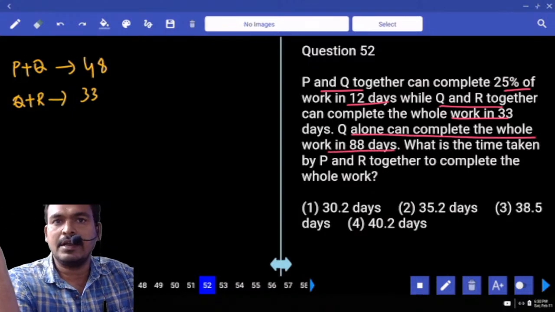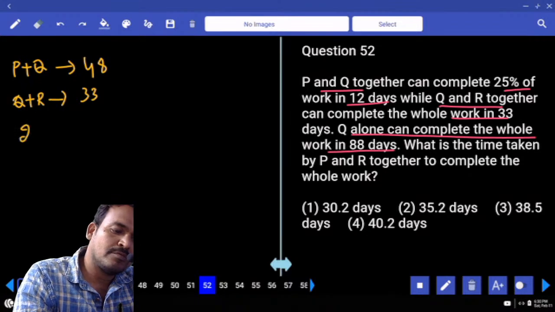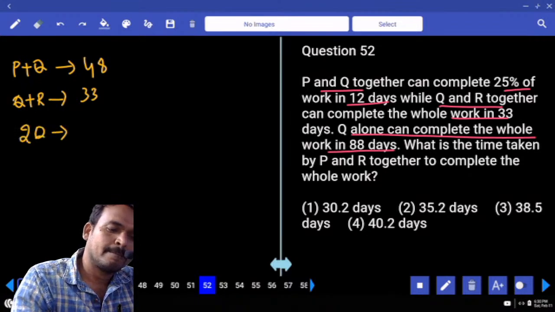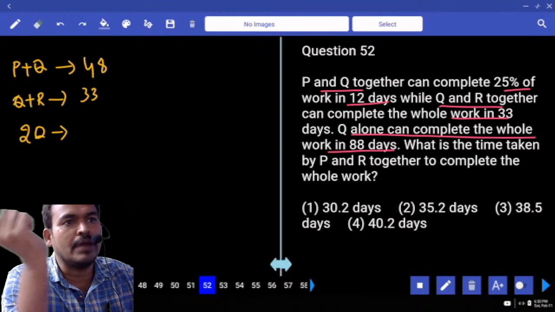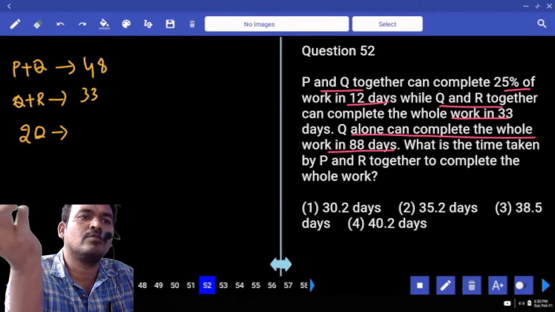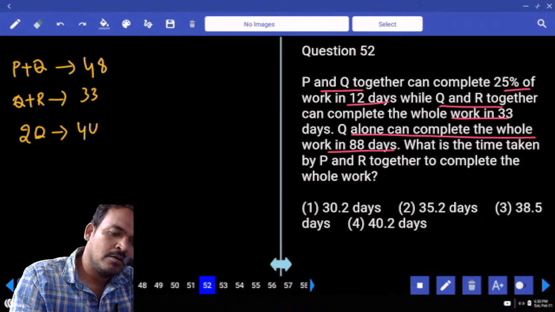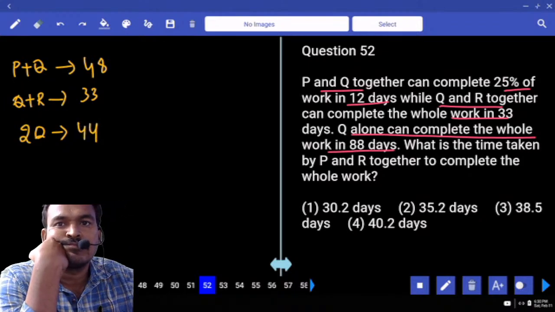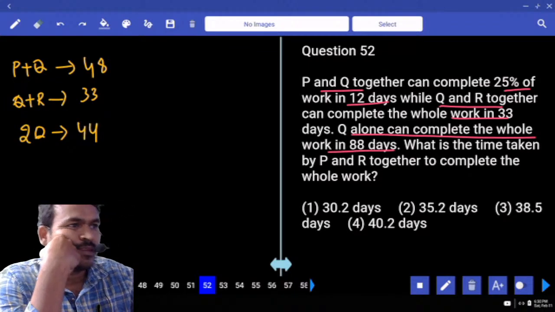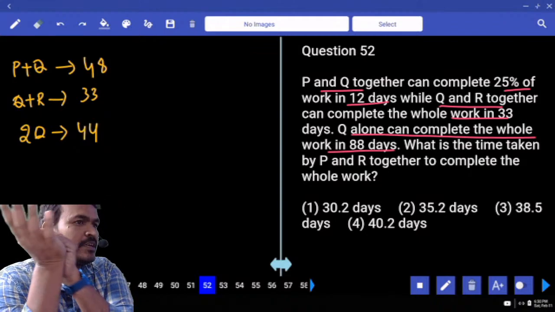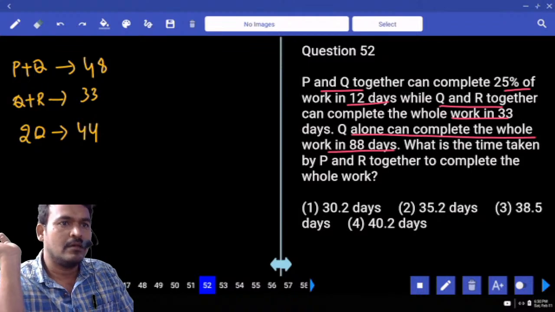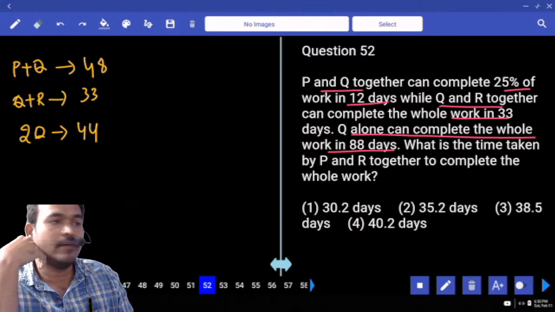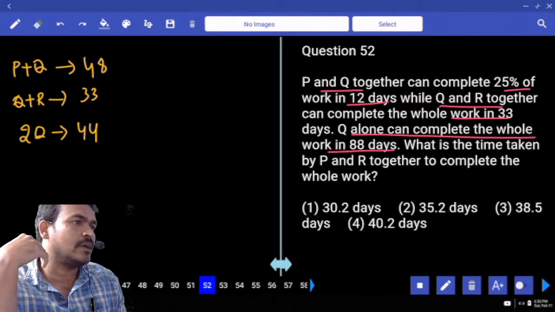Then 2 times Q is 44 days. 2 times means the efficiency is double, and if efficiency is double, the time must be half.